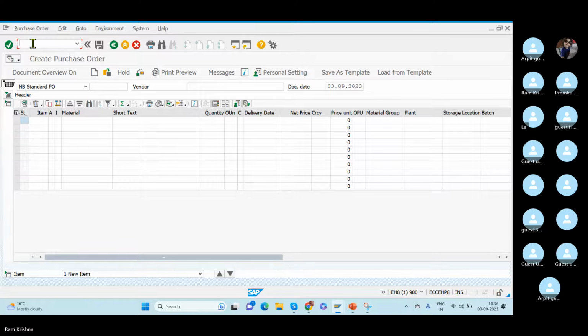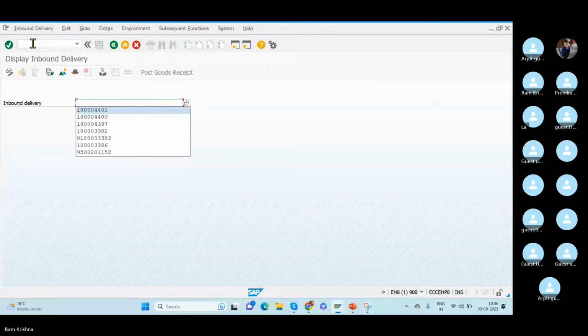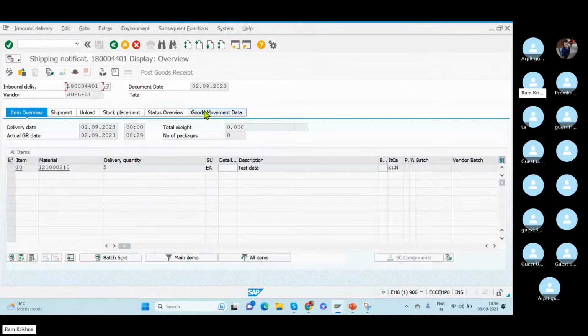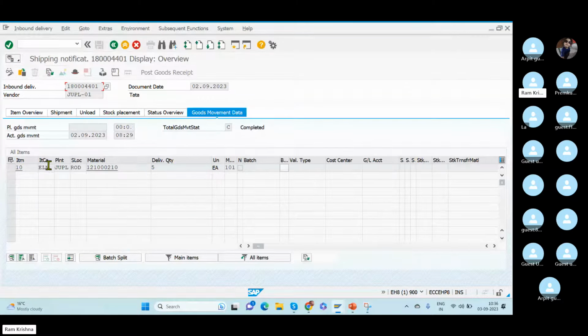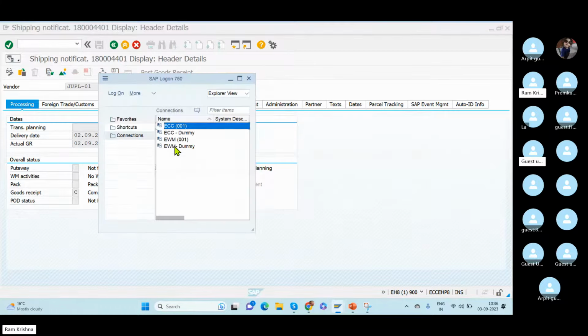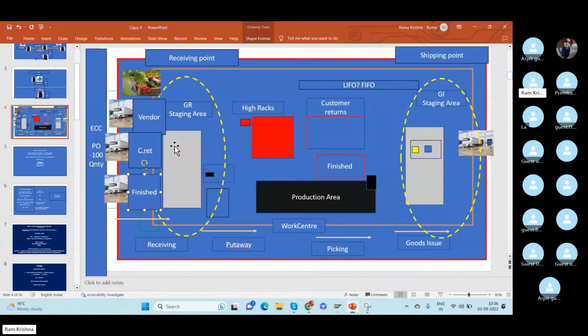Inbound delivery. This one will be changing. Based on the document which you create, this item category, this document type, everything will be changing. Different document types will have a different document header type plus item type. So based on that, EWM will have different document types and item types.